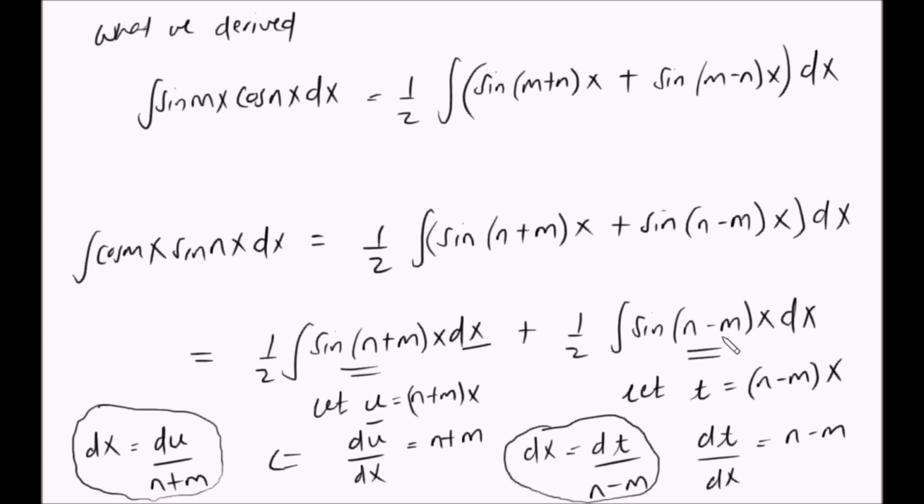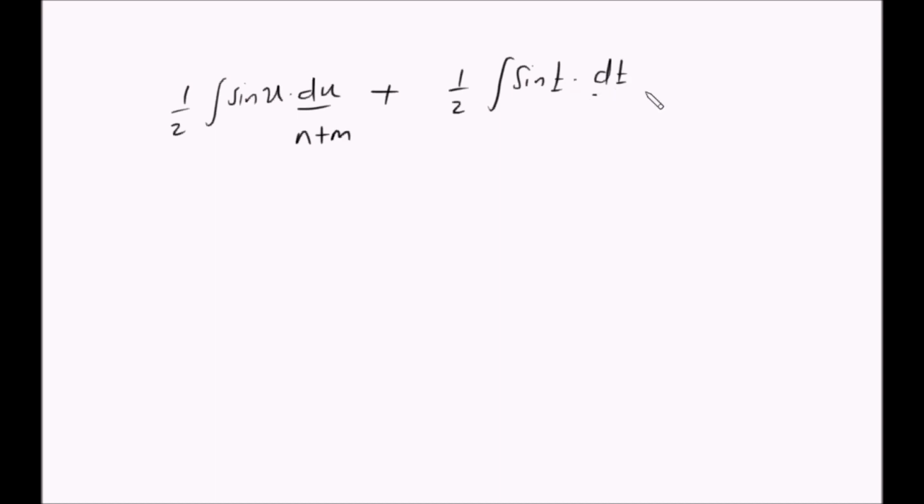So what are we going to have now? We're going to have 1 over 2 integrate sin of u times du over (n plus m), plus 1 over 2 sin of t, because we used t substitution, dt over (n minus m). n plus m is a constant, so I take it out and it is 1 over 2(n plus m).